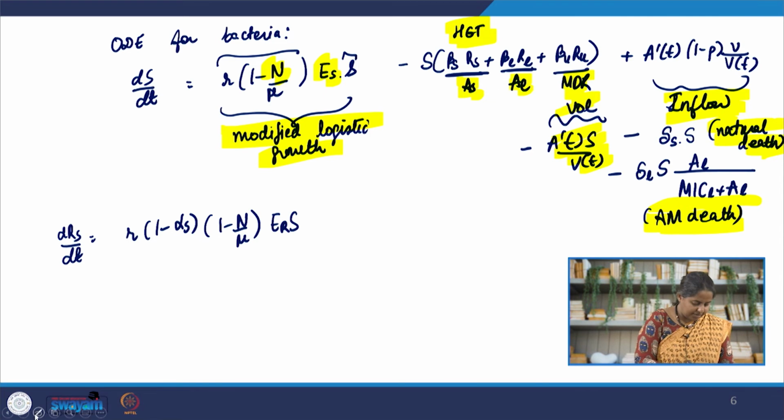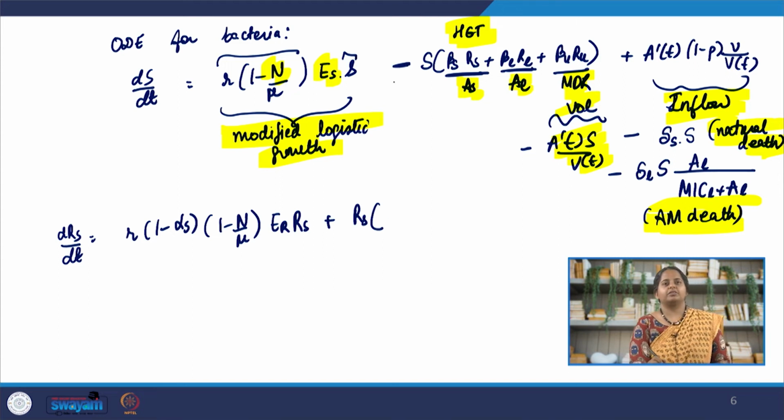In the next lecture we'll discuss more in detail each of these modifications, don't worry. So this is again horizontal gene transfer. Here notice the minus sign, because every time a sensitive bacteria turns into a resistant bacteria, the sensitive bacteria ds by dt is going down, sensitive bacteria number is going down, but resistant bacteria number is increasing.